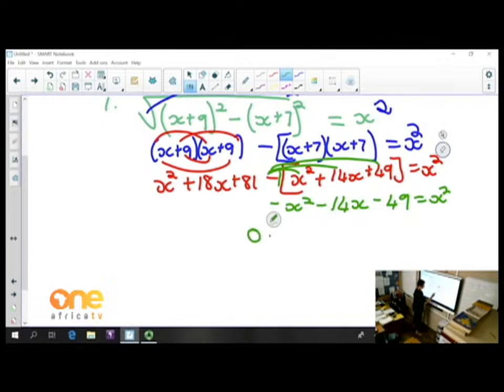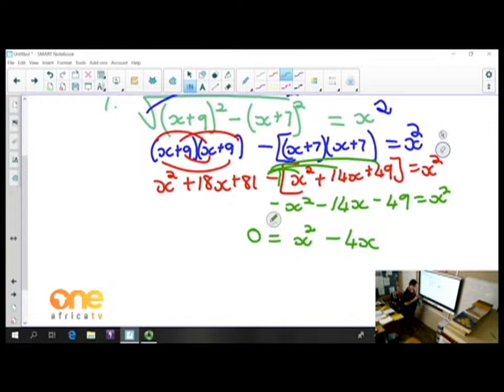So 0 is equal to, so that x squared remains now there. This 2 will cancel out. What is plus 18 minus 14 is 4. And I take it over, so it becomes minus 4x. Remember, I take them all over to the right-hand side now. And what is 81 minus 49?